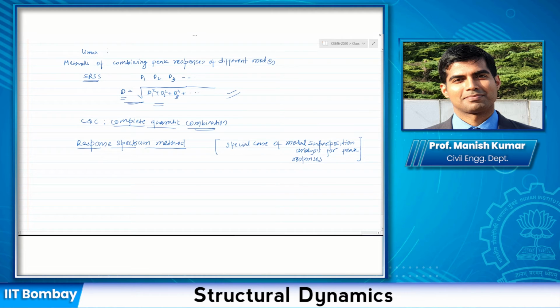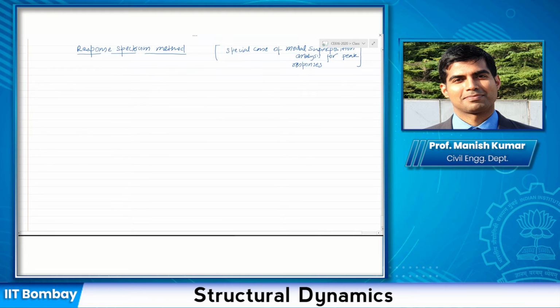Let us take the example of what we have done and extend it here for the same time variation. We had done this method, right? 2m, m, 2k and k.